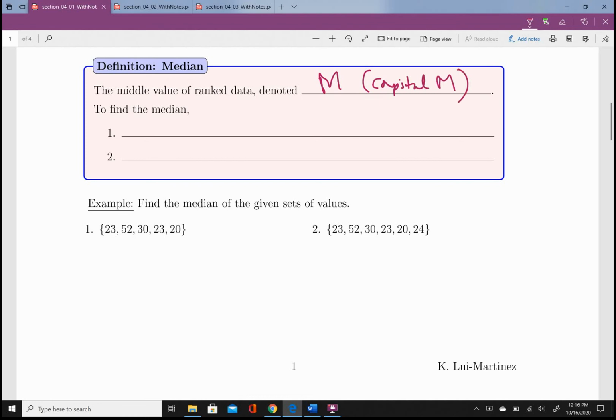To find the median, there is a two-step process here. You want to order the observations, or data, from smallest to largest.